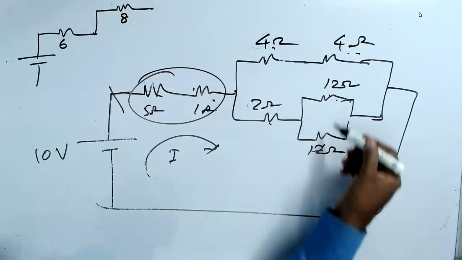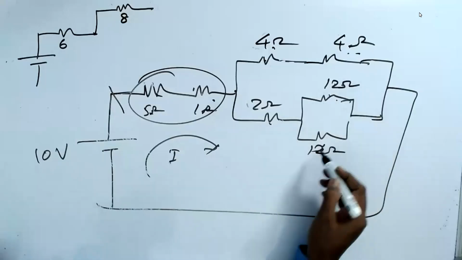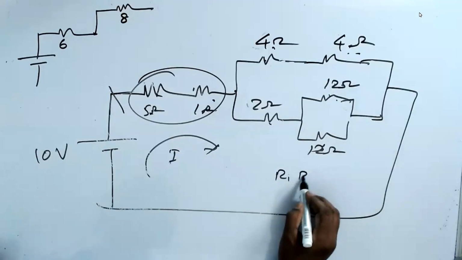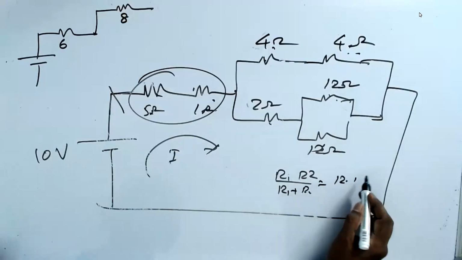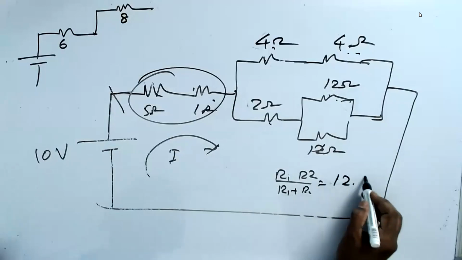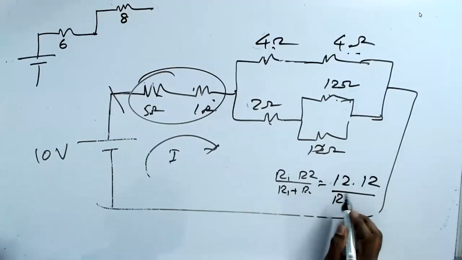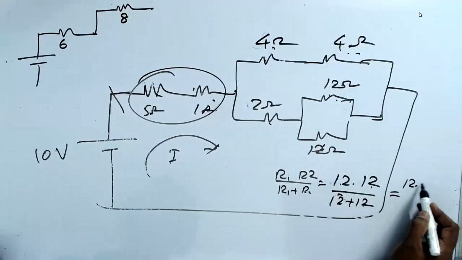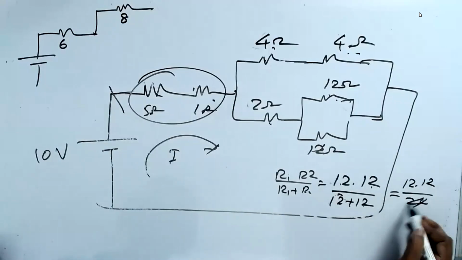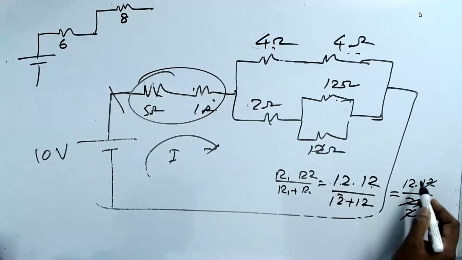But these two are parallel, I can add them. 12 parallel 12, R1 R2 by R1 plus R2. That is 12 into 12 divided by 12 plus 12. 12 plus 12 is 24. So it's equal to 12 into 12 divided by 24. Add them to 6. You get 6 ohm.